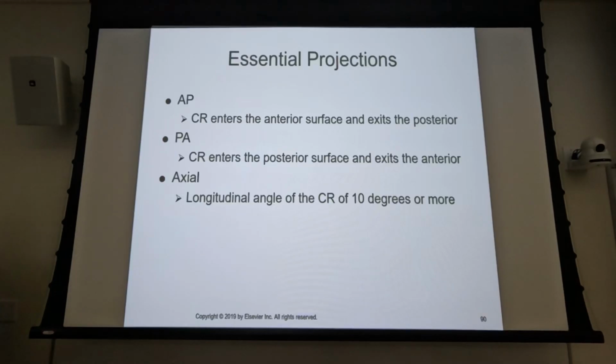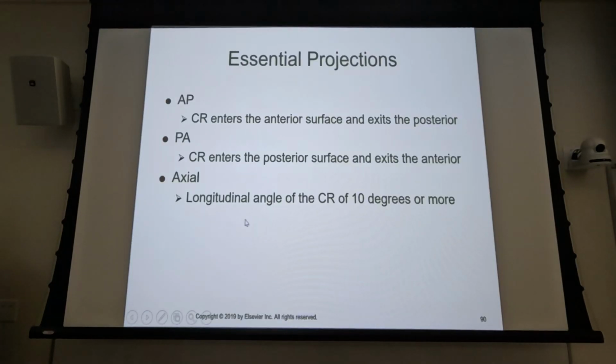So central projections, you're going to need to know where the central ray is, where it enters the surface landmark, what you're lining up to. AP refers to the central ray coming into the anterior surface, exiting posterior. PA is the exact opposite, enters posterior, exits anterior.